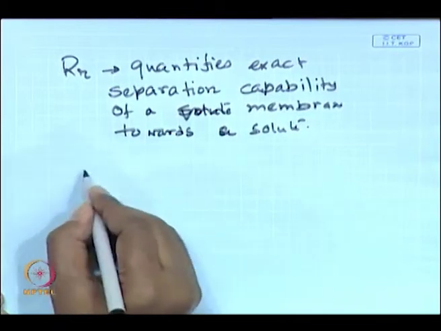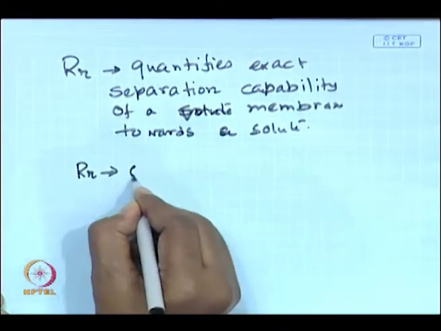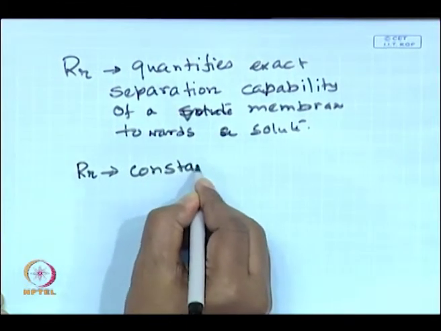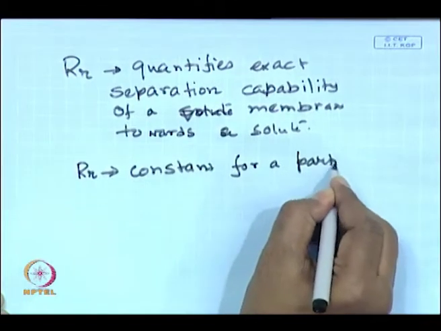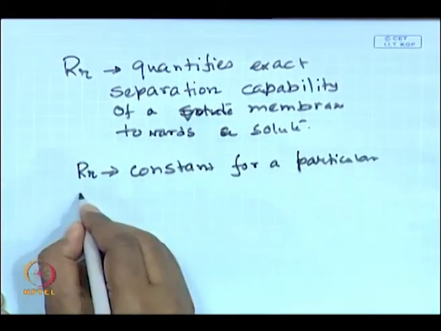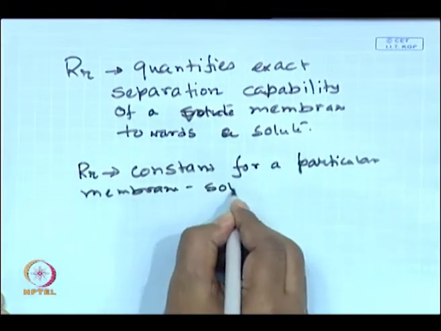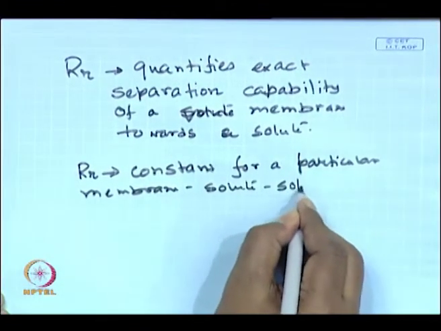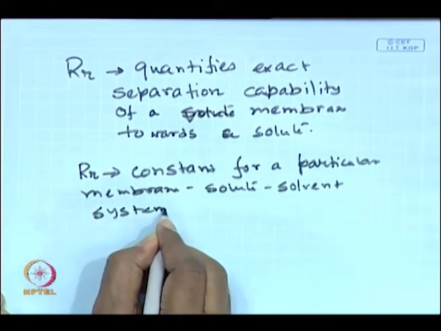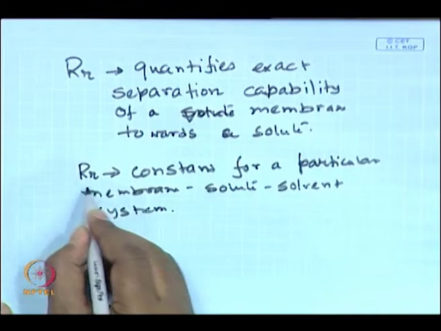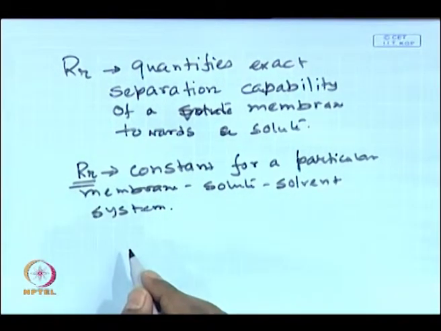And it is constant for a particular membrane solute solvent system. Okay. So, that is the beauty of real retention. It is constant for a particular membrane solute solvent system.